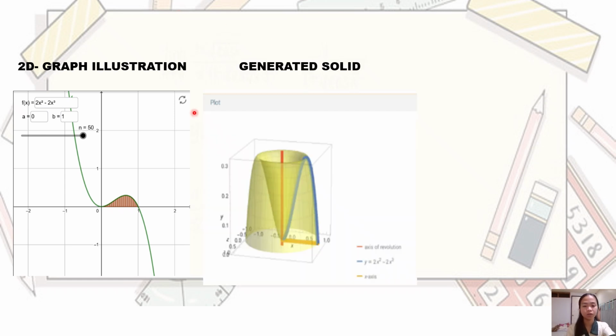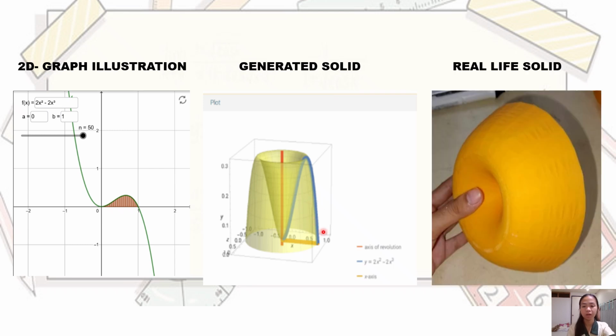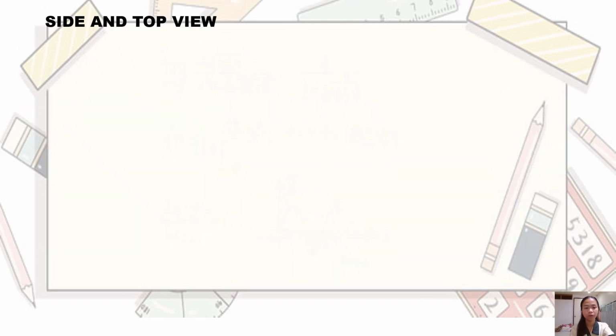Here is our generated solid using Wolfram. And this is the real life solid. So we have here the side and top view, but we included here the right side view, left side view, front view, and back view. So this is our front view.